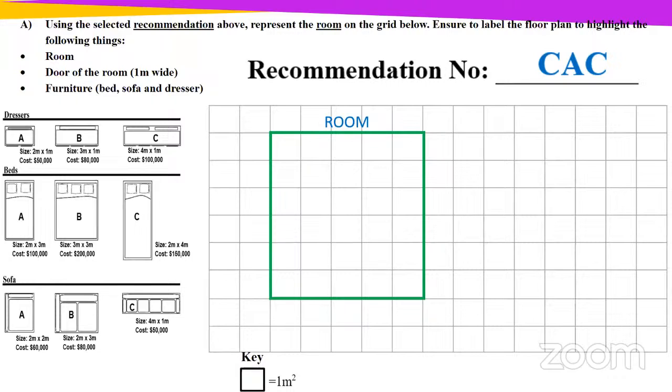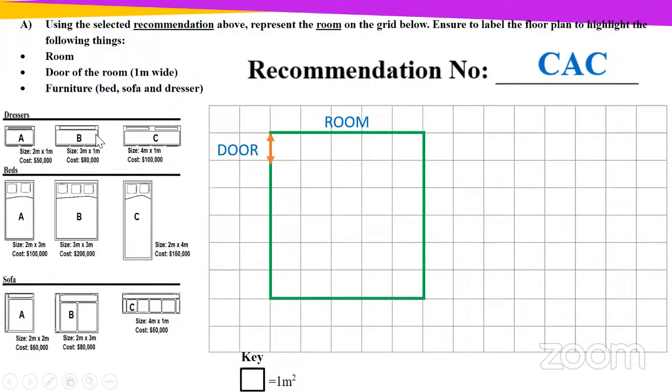So our recommendation, CAC. Remember that, boys and girls. Now, we're looking at our room and the furniture, just to remind ourselves of what the furniture would look like. So on our room, we have our door.